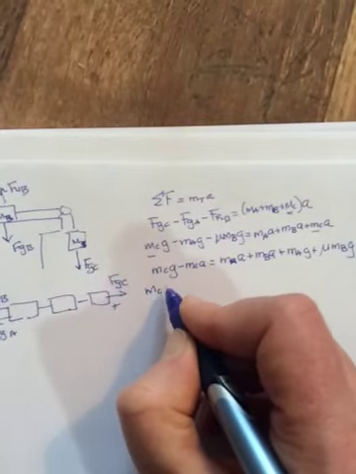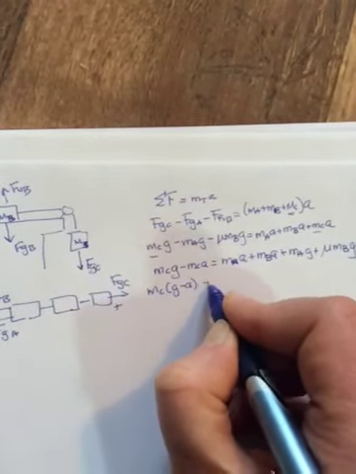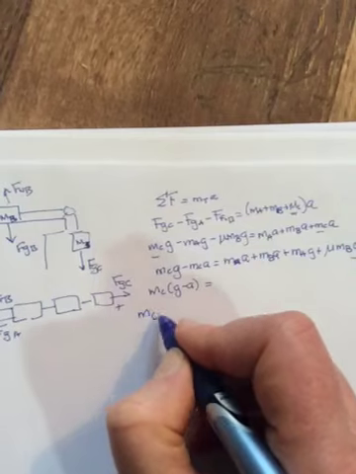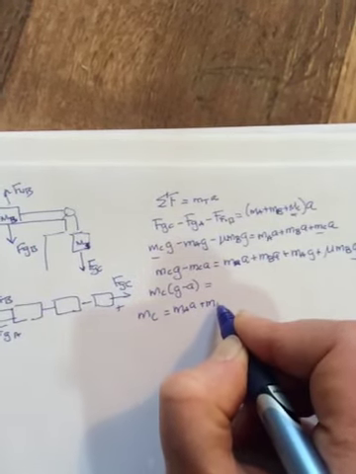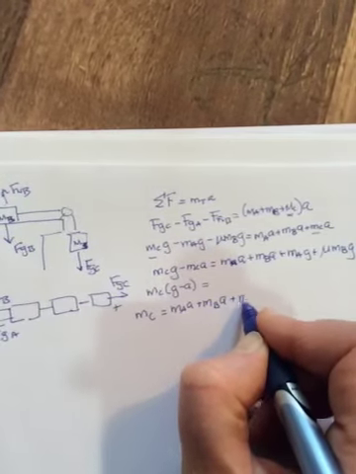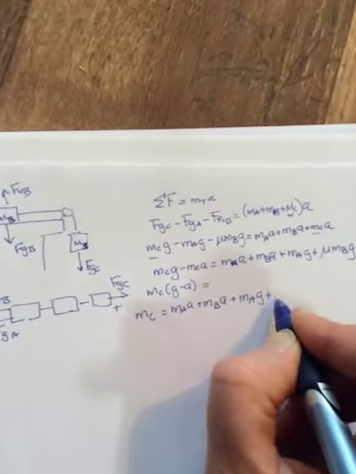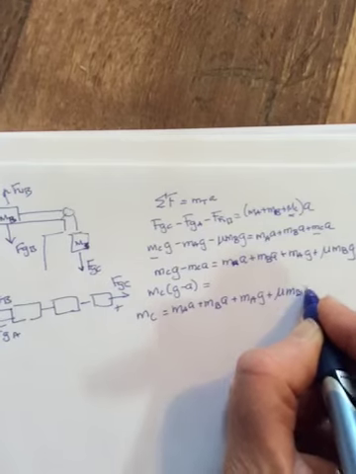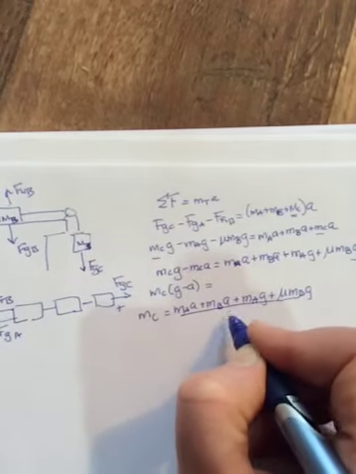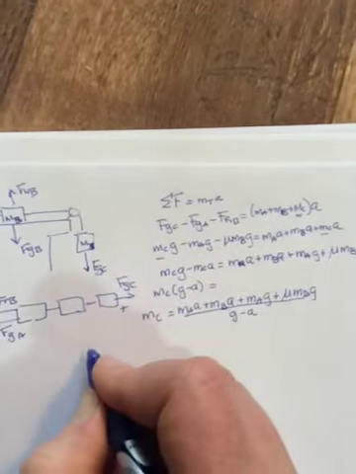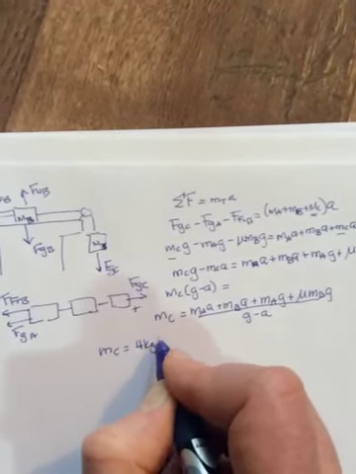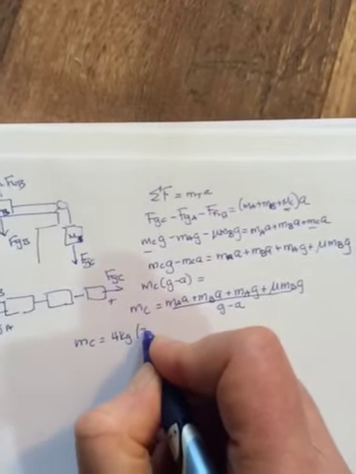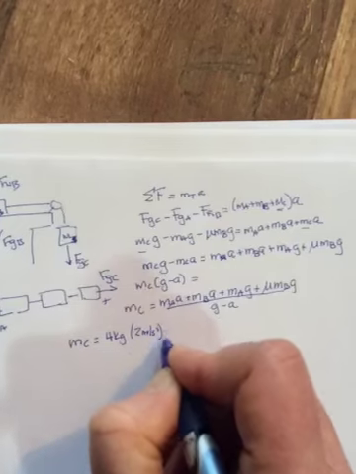Factor out your MC, G minus A, and then divide by it. So MC is going to equal MAA plus MBA plus MAG plus mu MBG, all divided by G minus A. So now fill in your numbers. A was 4 kilograms, MA that is, and the acceleration is 2 meters per second squared.